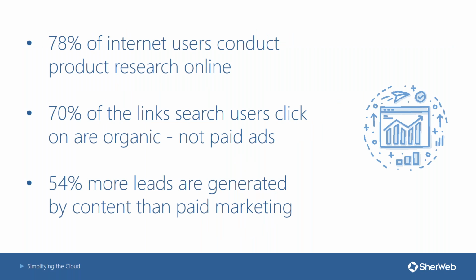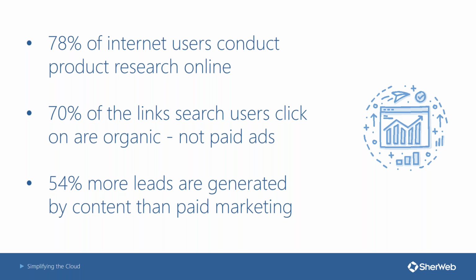Yeah. So I said 89% earlier, 89% start on Google, but 78% of internet users conduct product research online. So that's the number that you referred to earlier, I think. 70% of the links searched by users are clicked organically. You might have noticed that when you go on Google and do a search, the top links are usually paid, so they're ads.